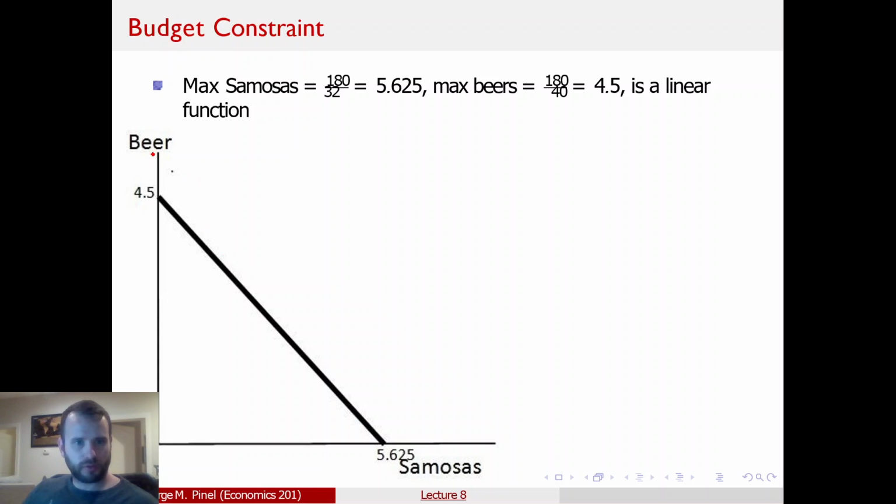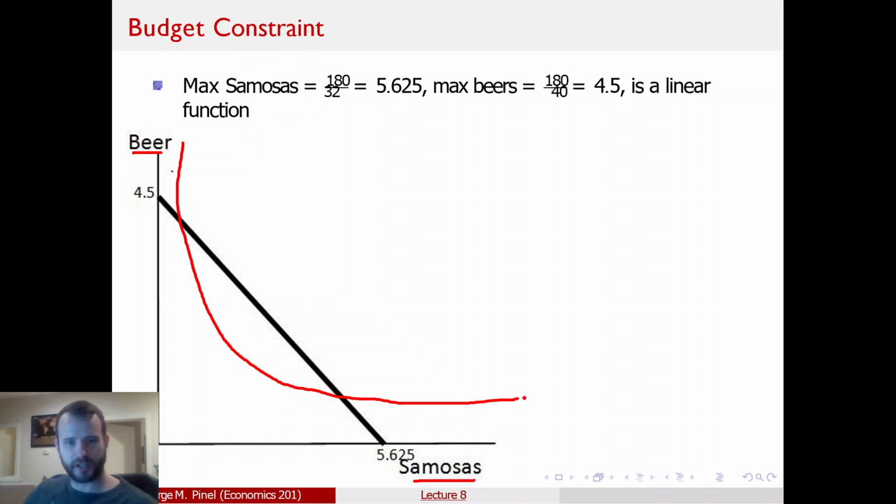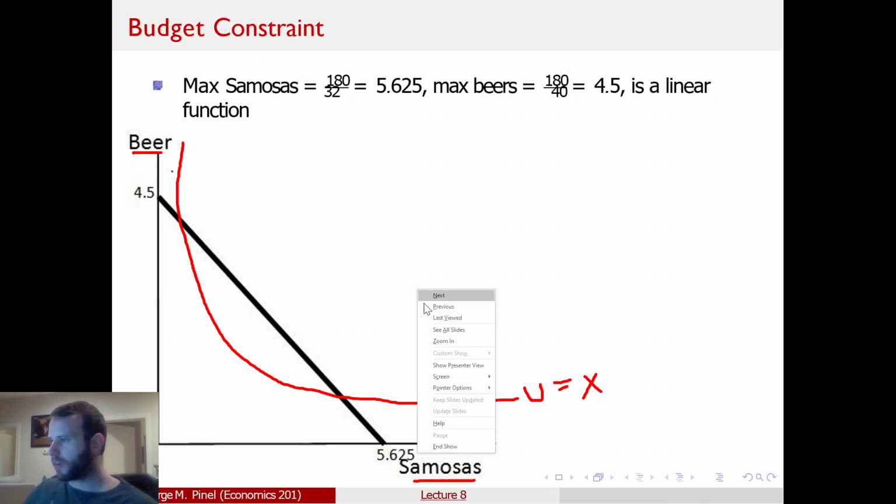So, look at the axes, right? It's beer and samosas, just like with the indifference curves. So we can actually plot indifference curves going through this budget constraint. So let's say that's one indifference curve, and that utility is equal to x. Every consumption bundle along this red line gives you a utility of x.